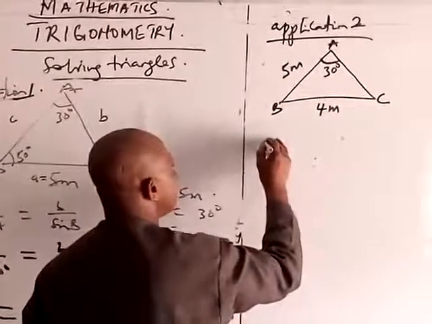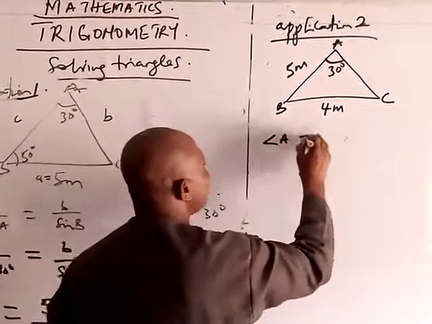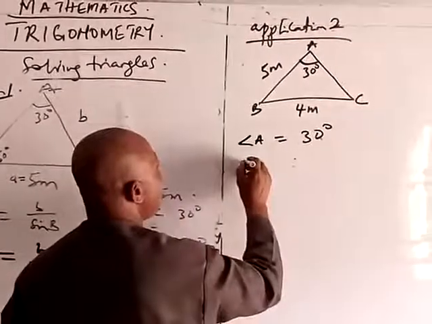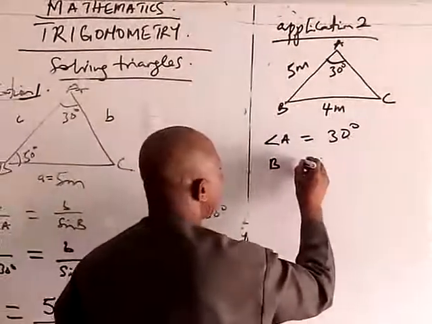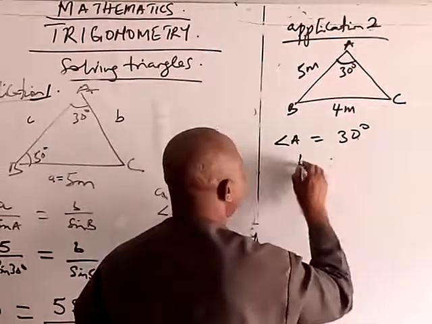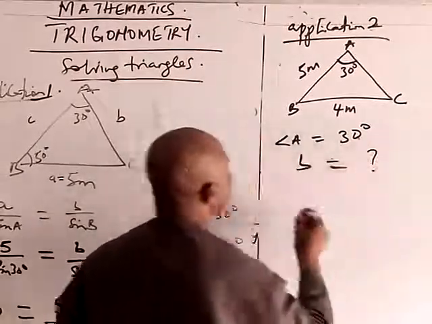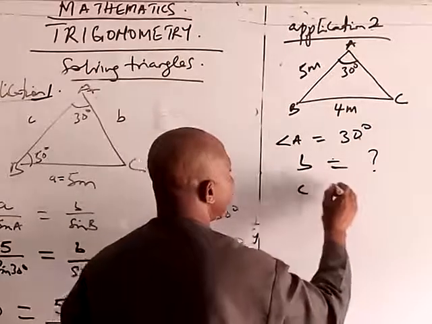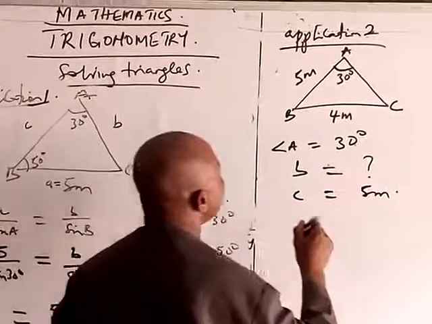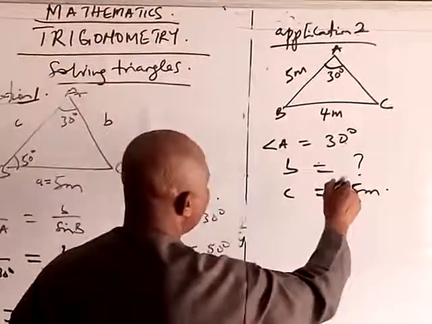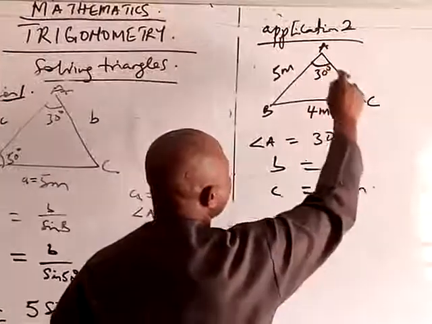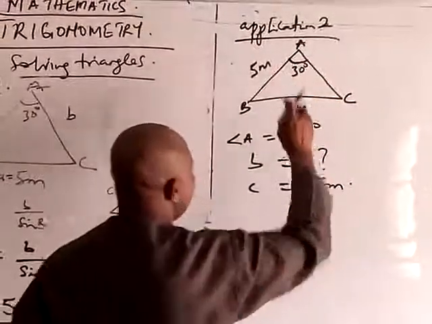So angle A here is 30 degrees. Angle B is not given. Side B is not given. Side C is 5 meter, and side A is 4 meter. Then you are asked to calculate the given angle here.